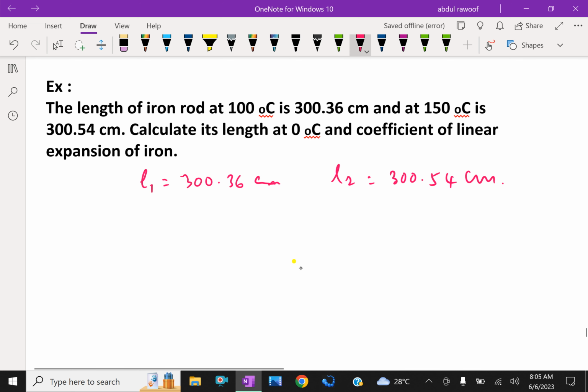Here we know that the final length L1 equals the initial length L0 into 1 plus alpha T1.